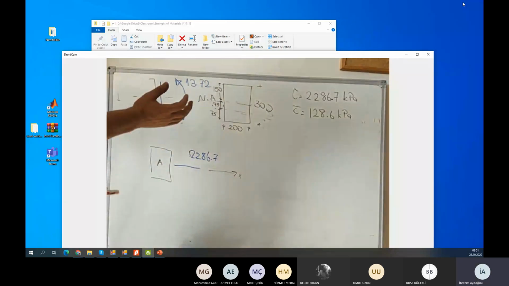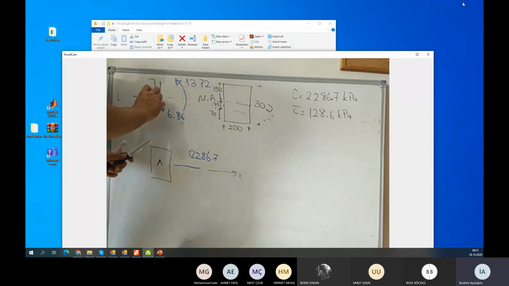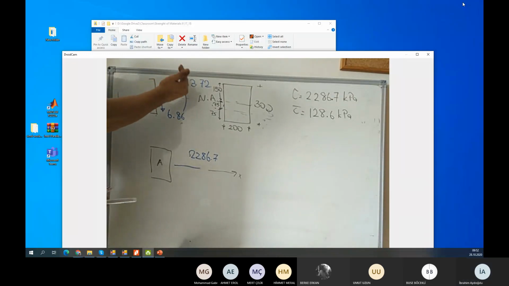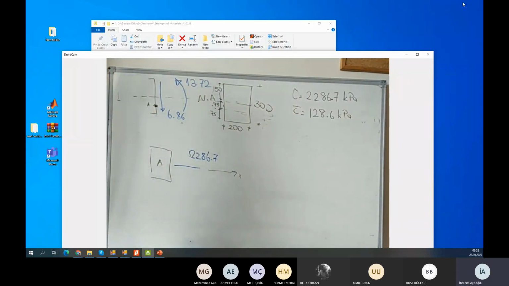Because you can see in this bending moment type, the bottom part tries to get out of the plane, and in this direction you can see the upper side tries to move inside of the plane cross section.